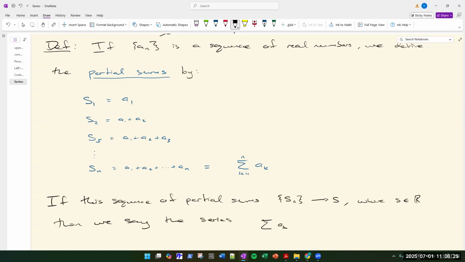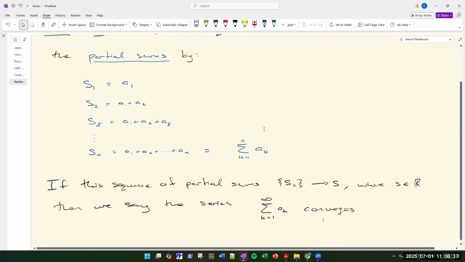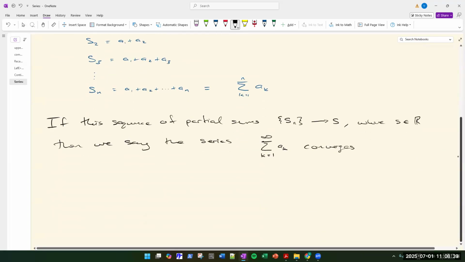Again, this letter doesn't matter because it's a dummy index. Then we say that the series converges, and write that the summation k goes from 1 to infinity of a_k equals S.